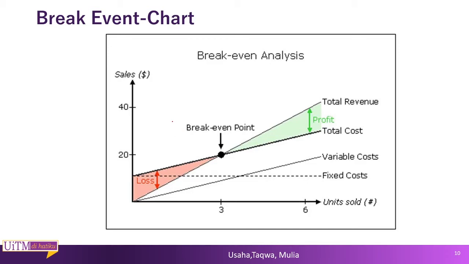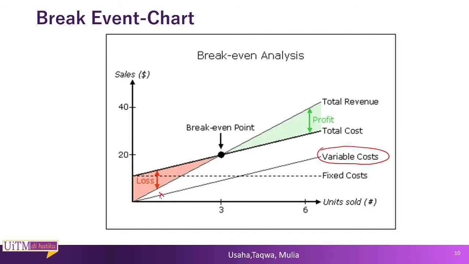So, how do we produce a break-even chart so that we can do analysis? The first thing we need to do is determine the variable cost per product. For example, over here, the variable cost is plotted depending on units sold.